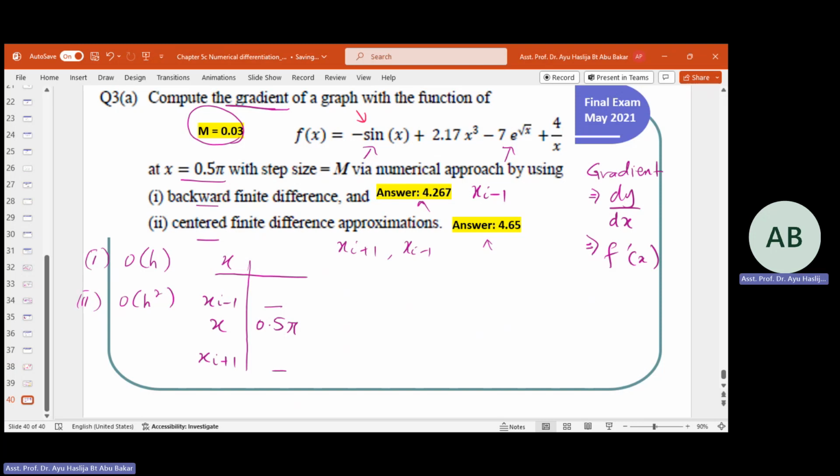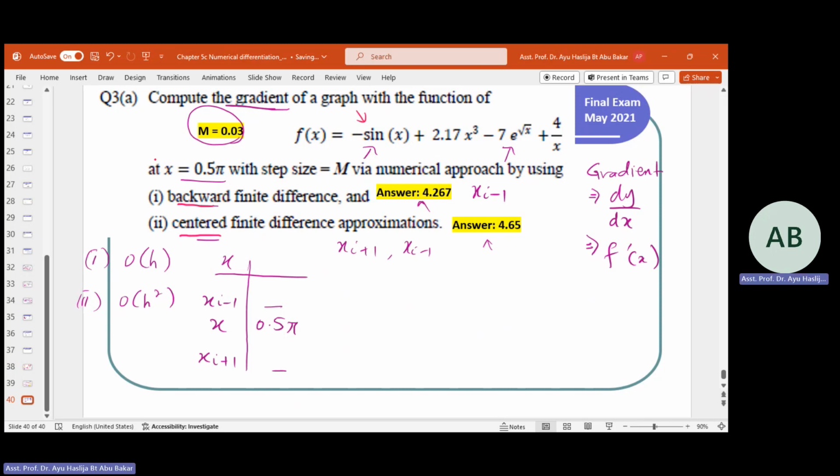In the final exam, the function will be a bit more complicated compared to the exercise and test. At x equals 0.5 pi with step size given as 0.03, it asks you to find the backward and centered.